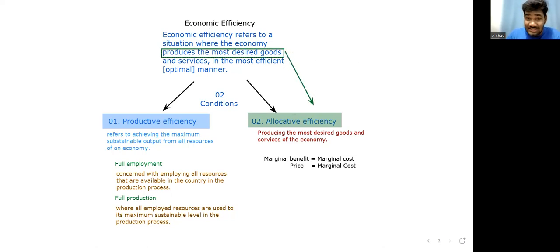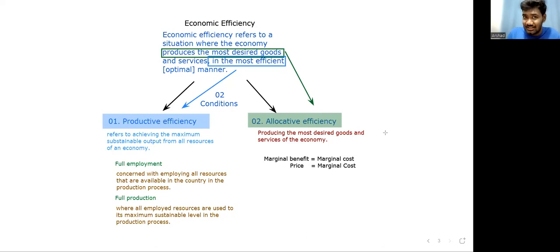And also not just producing the most desired goods and services, but producing them in the most efficient manner. That part comes from here. So unless both productive efficiency and allocative efficiency are met, you can't achieve economic efficiency.